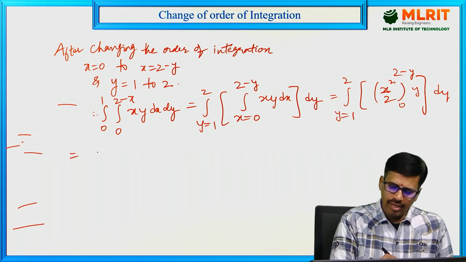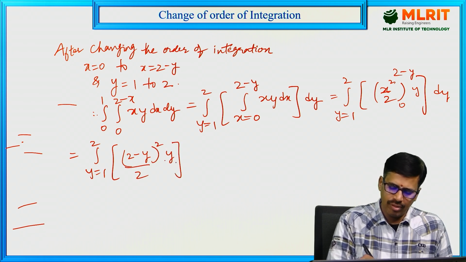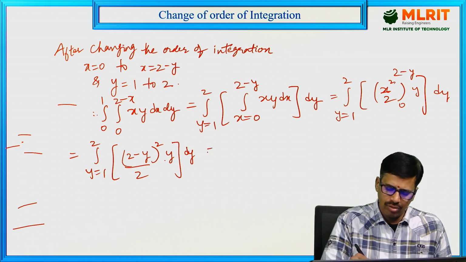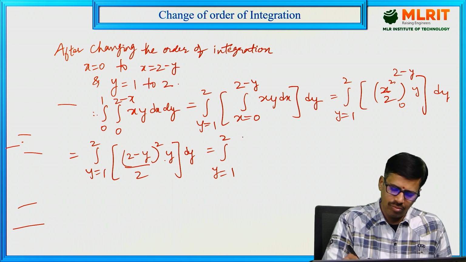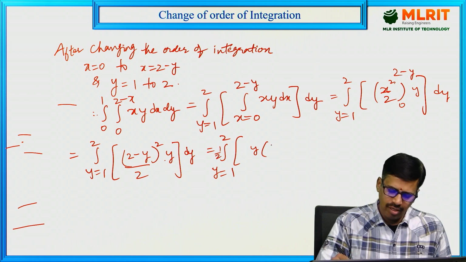So this can be written as y is equal to 1 to 2. In place of x, let us write the upper limit, 2 minus y whole square by 2 into y dy. So this is equal to y equal to 1 to 2, y into, this 1 by 2 let us write outside.